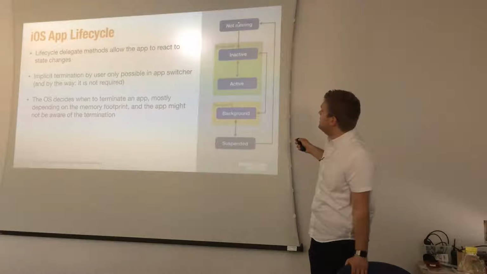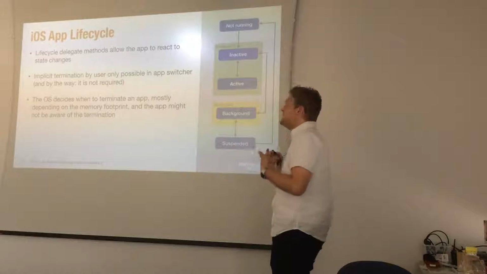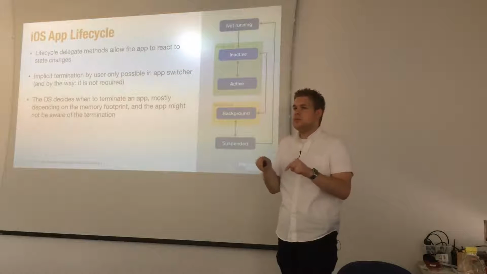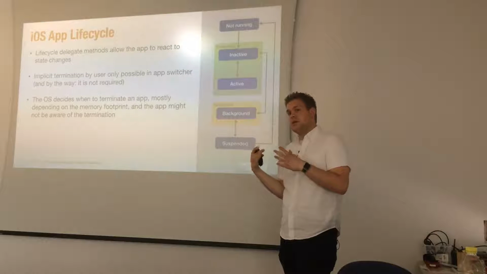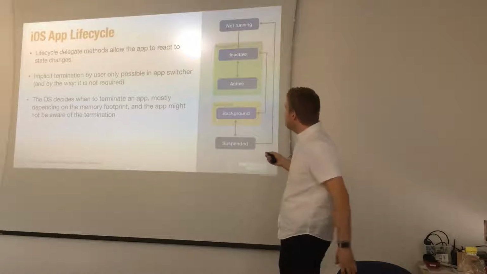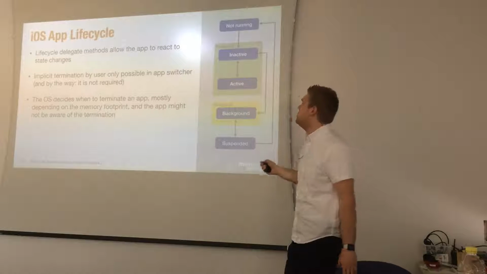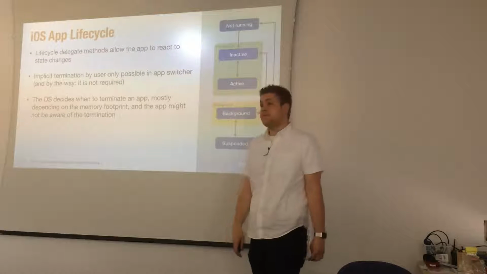And then the user taps on it and it switches into this inactive mode. This is just a transient state, which means the user interface cannot react to inputs yet because the app is launching and events are being added into the event route, but then it basically immediately switches to active, which means your app is running in the foreground.